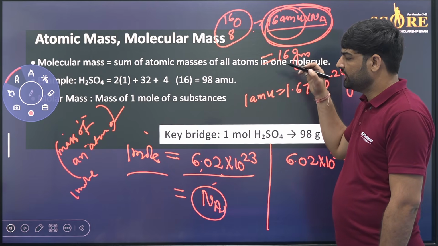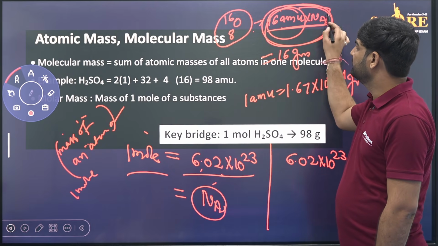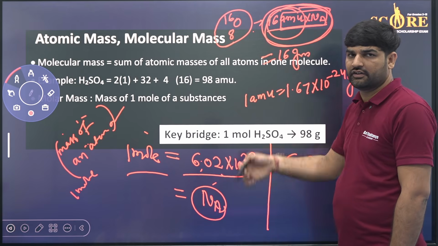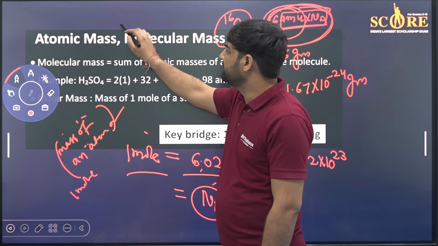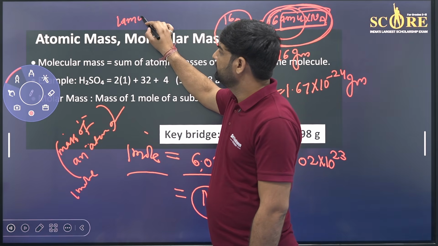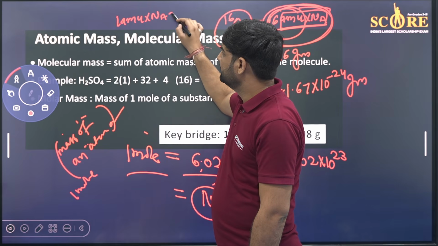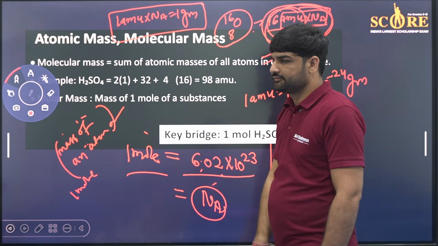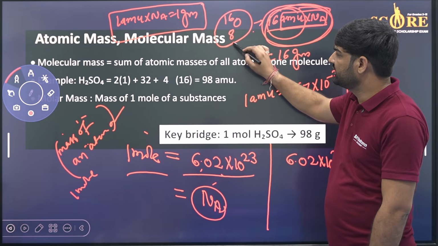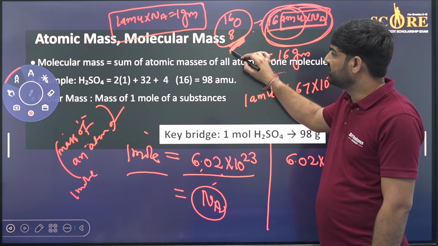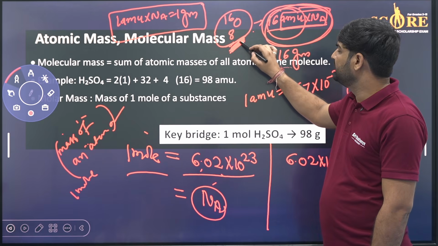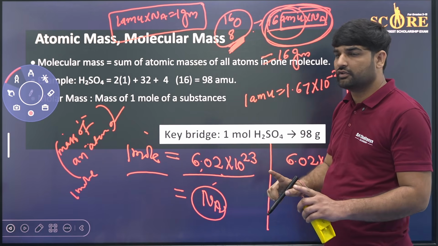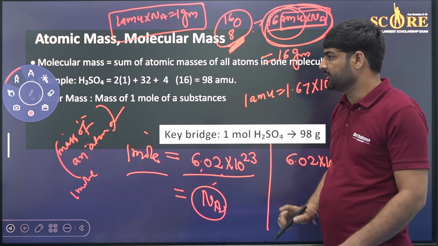It means you have to remember 1 AMU multiplied by Na is 1 gram. This is a very important result. So we can say mass of a single atom is 16 AMU and mass of 1 mole of atoms is 16 gram.